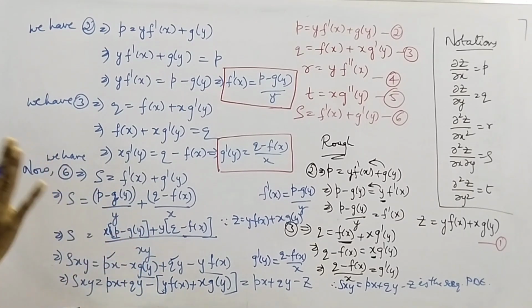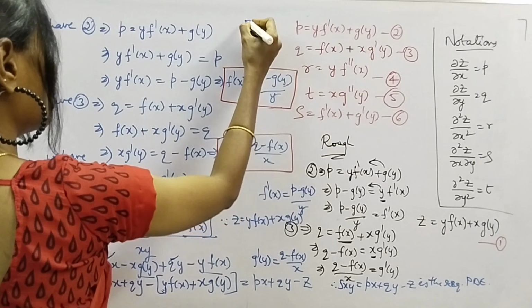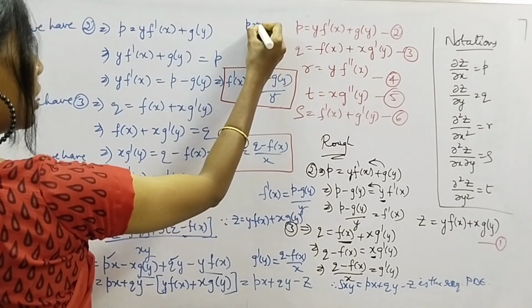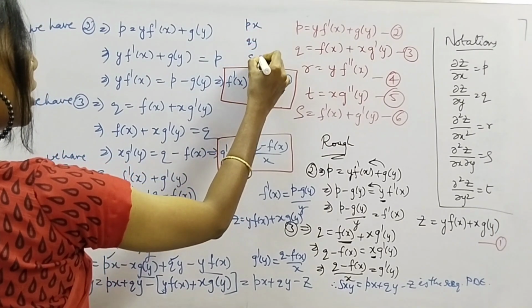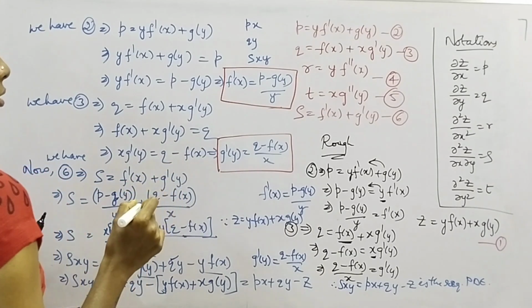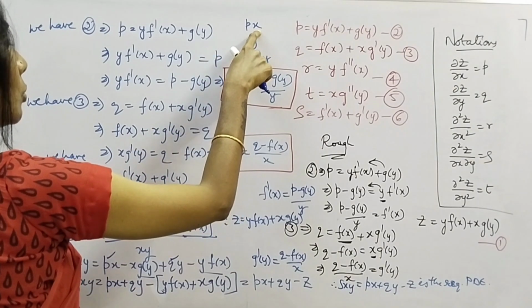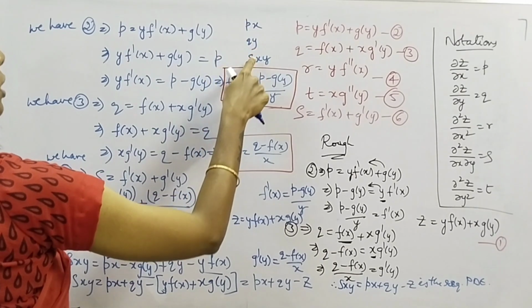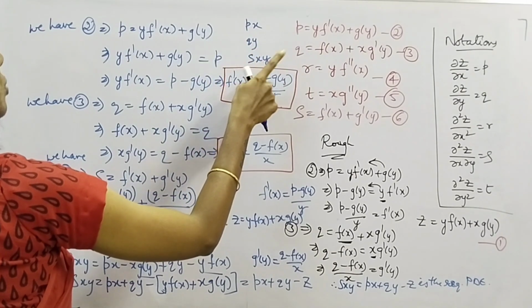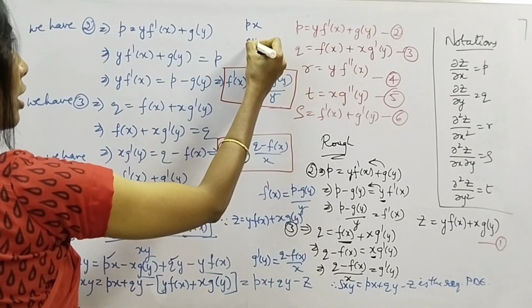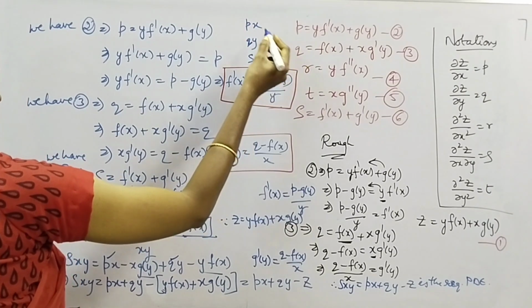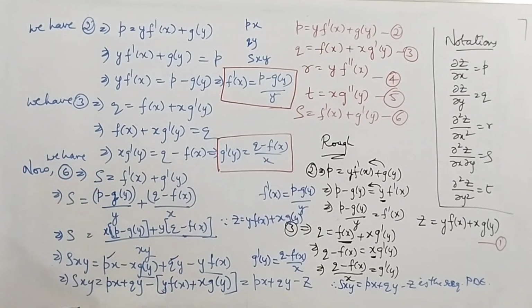You have to do something to get the partial differential equation. For that, we may use px, qy and sxy. That means we may need to multiply p with x, q with y and s with xy, and we'll apply some operations on these three to get the required partial differential equation.